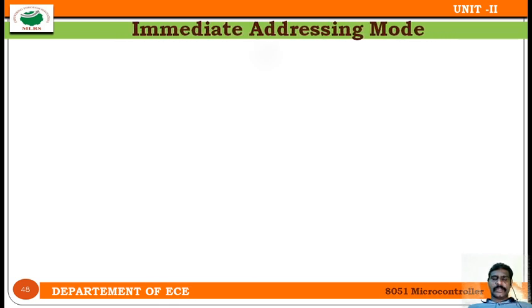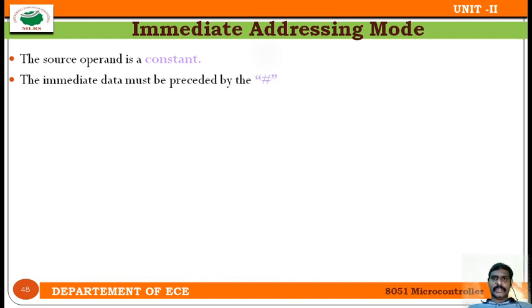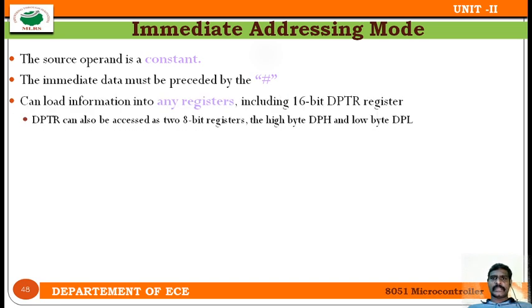The first one is immediate addressing mode, where the source operand is a constant. Whenever I want to indicate a constant as an immediate value in 8051 programming, it has to be preceded by a hash symbol. Any data or value after the hash is treated as an immediate value.